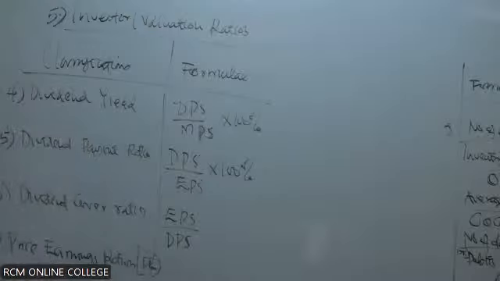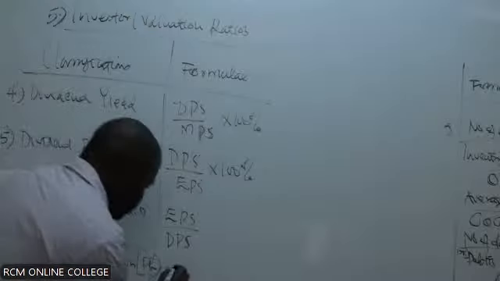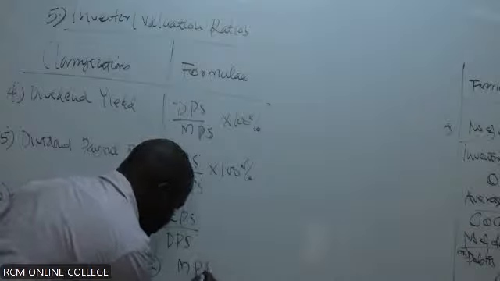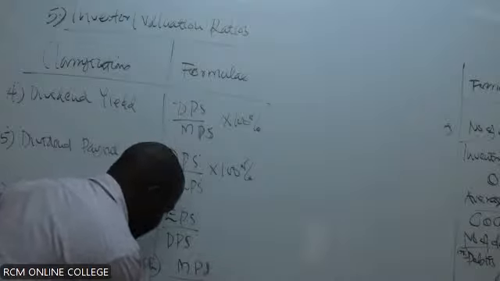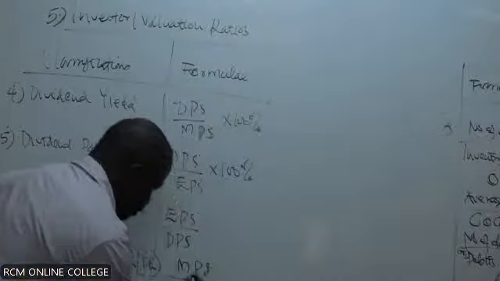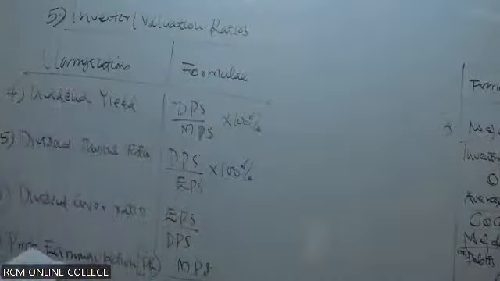For the PE ratio, you take the market price per share and divide it by the earnings per share. So you'll get the price earnings ratio.